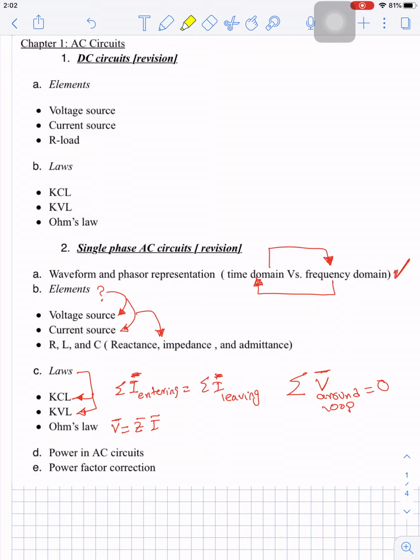Today's topic is very interesting and very important to understand what will be happening inside our motors and generators: power in AC circuits. I hope by the end of this lecture you will understand physically what the meaning of power in AC circuits is and how we can deal with it.